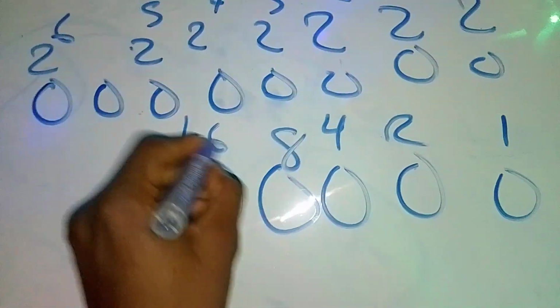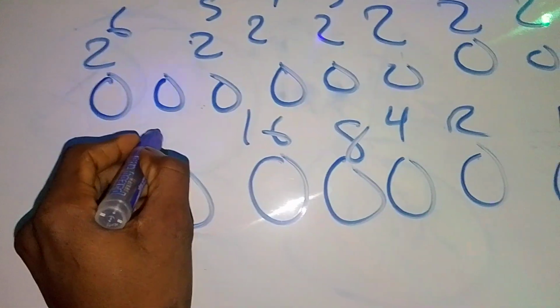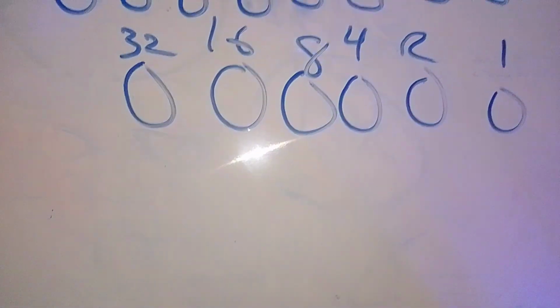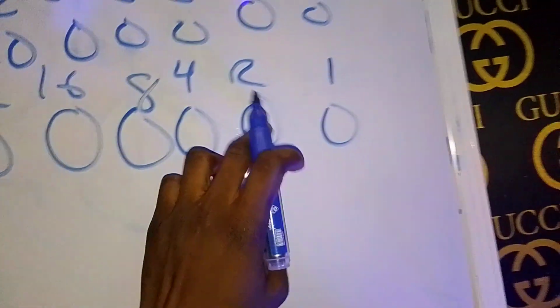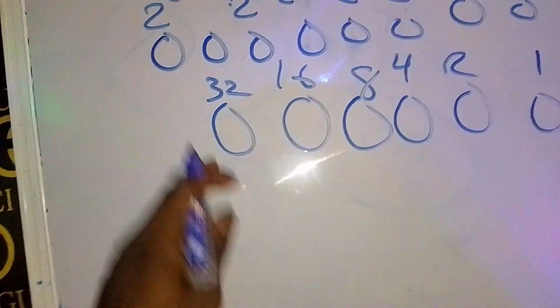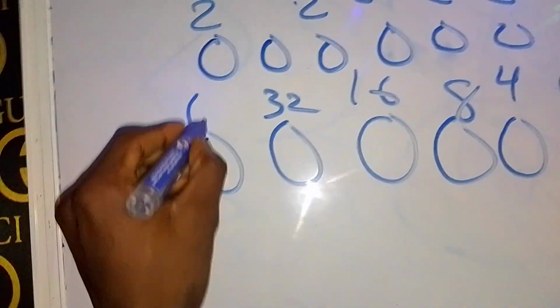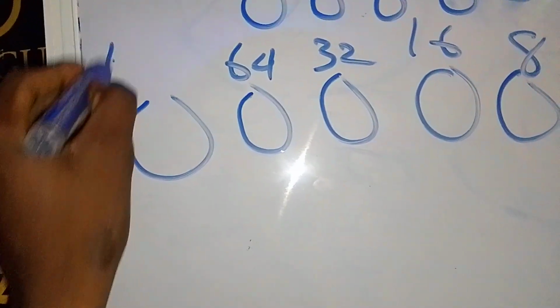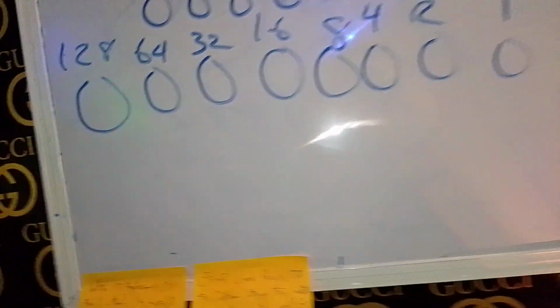This is 8. This is 16, right? 2 multiplied by 2 multiplied by 2 again. This is 16. Then this is 32. Wait, 1, 2, 3, 4, 5, 6. Okay, still remain 2. This is 64. Now 64 plus 64, this is 128, right?